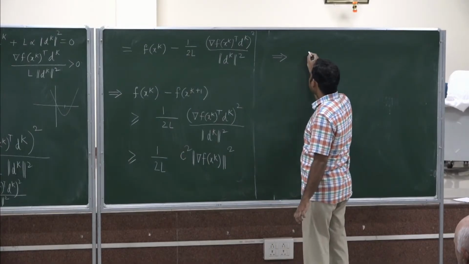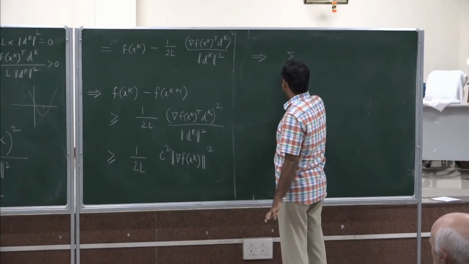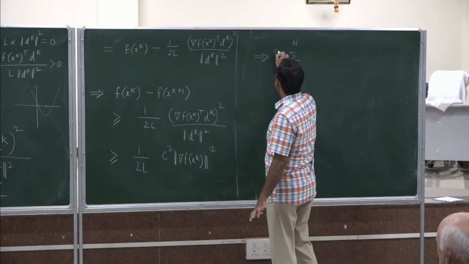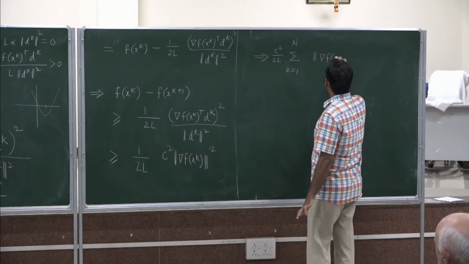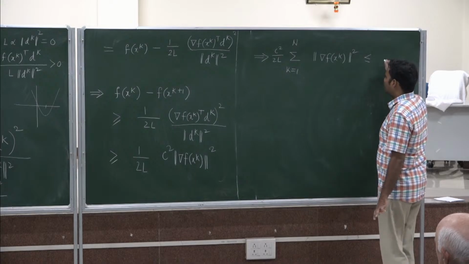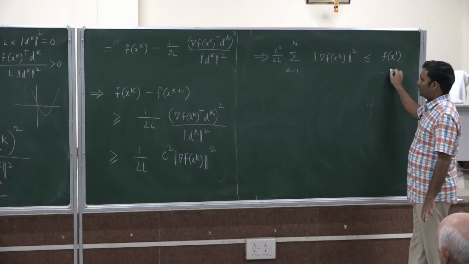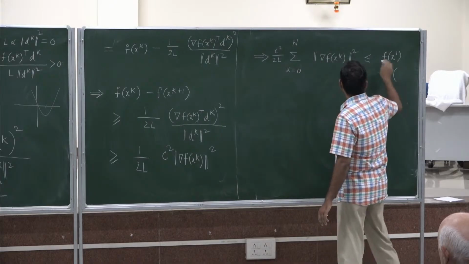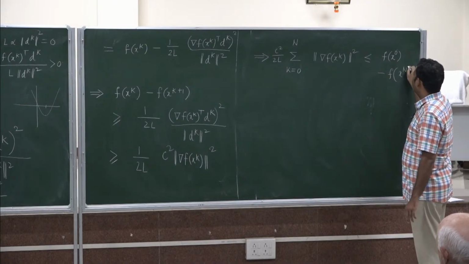now take k equal to 1 to capital N: c squared by 2L times the sum of norm of gradient f(xk) squared is less than or equal to f(x1) minus f(xN), I should have taken starting from 0 even, then I will have f(x0) and ending up with f(xN), right?